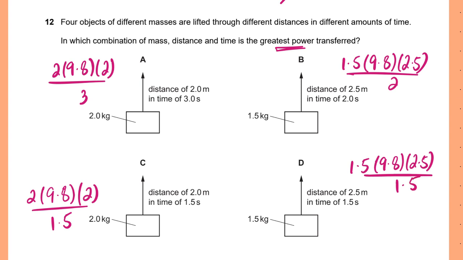And when you calculate all of this, you will see that the greatest power is in this case, which is also lifting a heavier mass, and it's also doing it in a lesser amount of time. So the correct answer for this one is D.